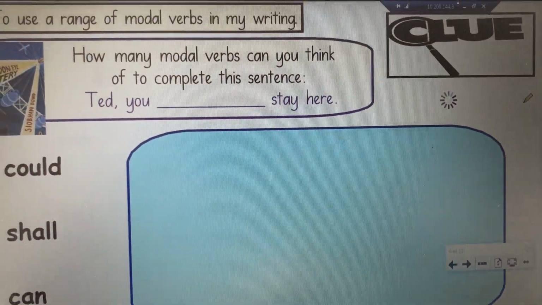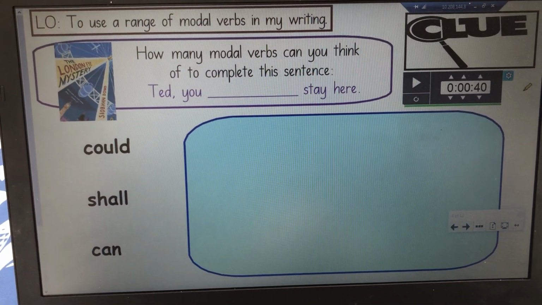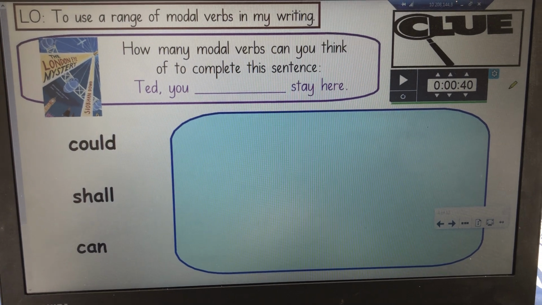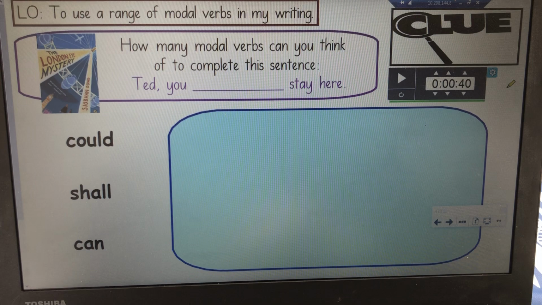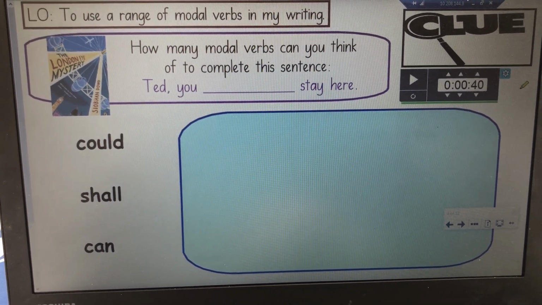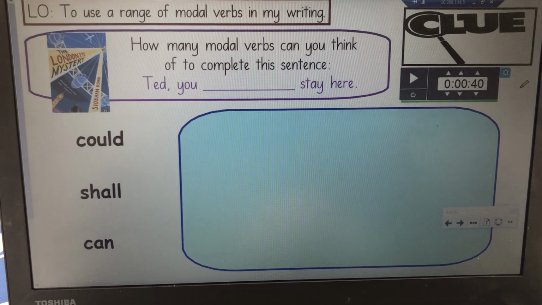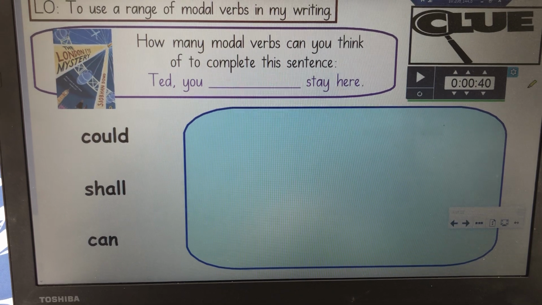Now, here's your first task. You can stop the video when you are ready. I want you to identify as many modal verbs as you can that could complete this sentence. So, Ted, you stay here. What words might be able to go in the middle of that sentence? And there are some examples on the side there.